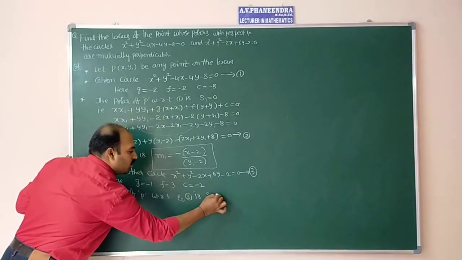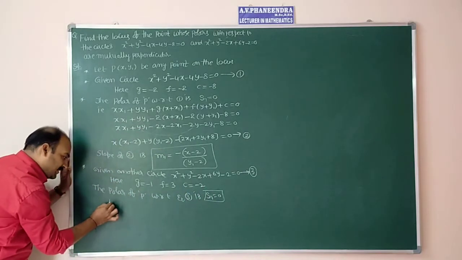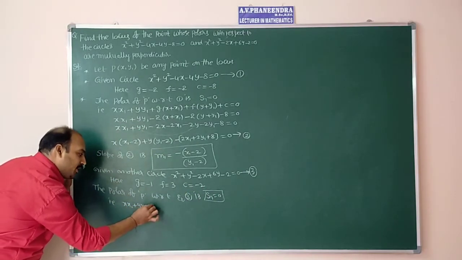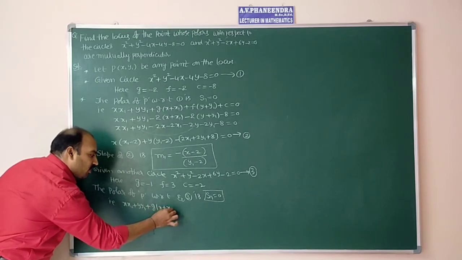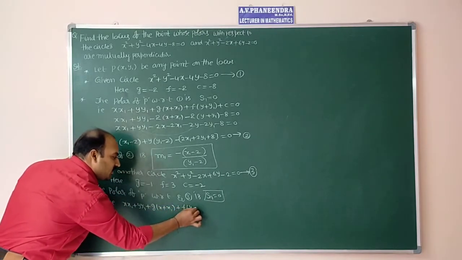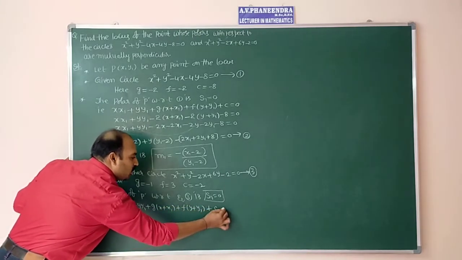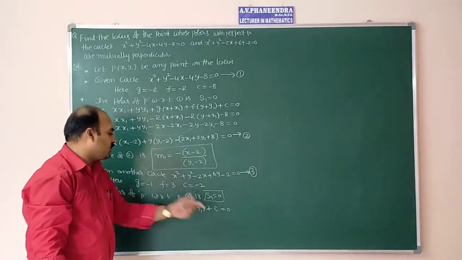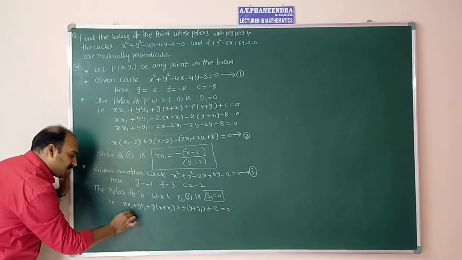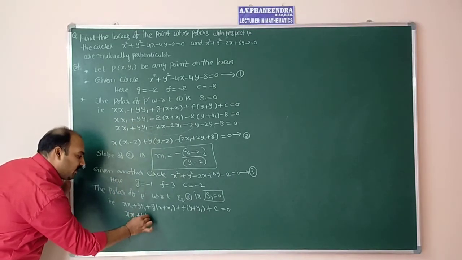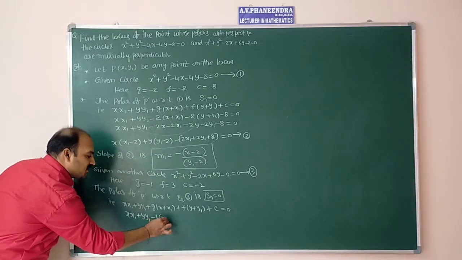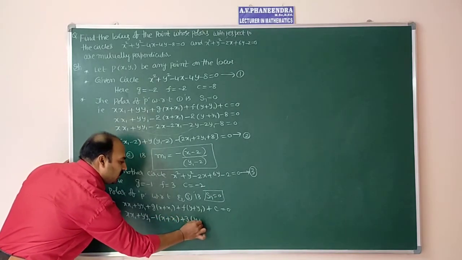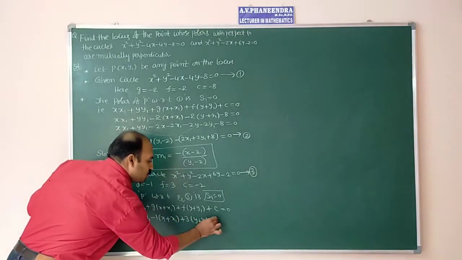is S1 = 0. We know that xx1 + yy1 + g(x + x1) + f(y + y1) + c = 0. x1, y1 are the same, and substitute the g, f, c values: xx1 + yy1 - 1(x + x1) + 3(y + y1) - 2 = 0.